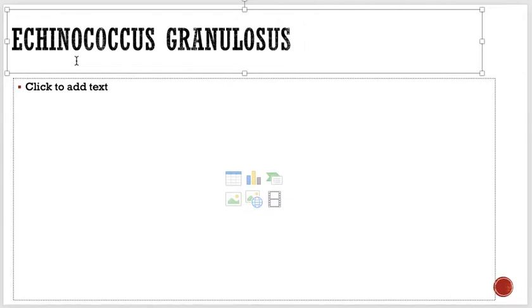Basically, it is a genus called Echinococcus. It is a cestode, or you can say flatworm, right? It has a lot of types, like Echinococcus granulosus, which we are going to study now.